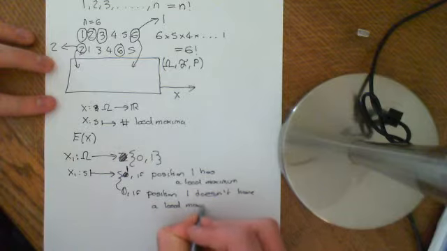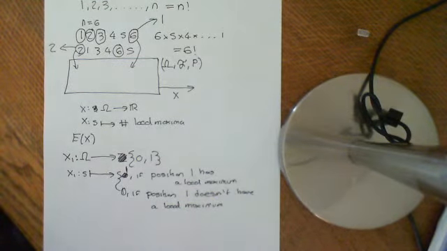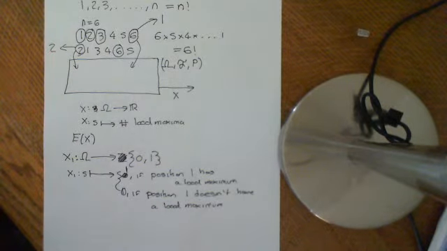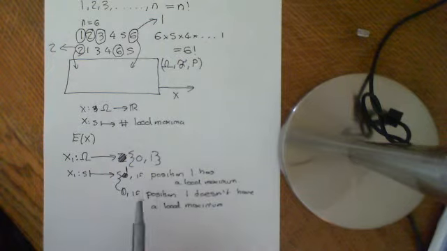So for every single permutation in this sample space, you can say whether or not position 1 has a local maximum. If it does, then x1 will map it onto 1, and if it doesn't, then x1 will map that permutation onto 0.